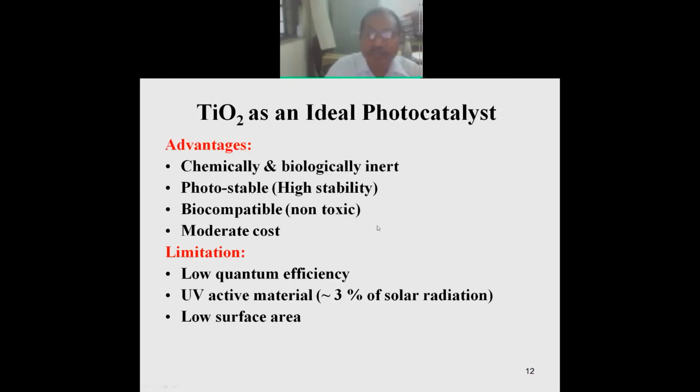TiO2 is present in 3 different allotropic forms: anatase, rutile, and brookite. The most highly used is anatase, the stable allotropic form of TiO2, whose band gap is 3.02 eV. It is UV active, and because of this, most of the solar radiation cannot be used, and it has a low surface area.